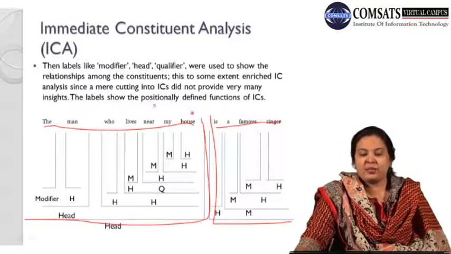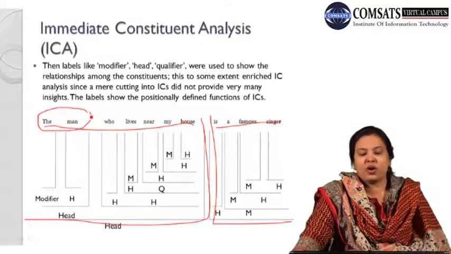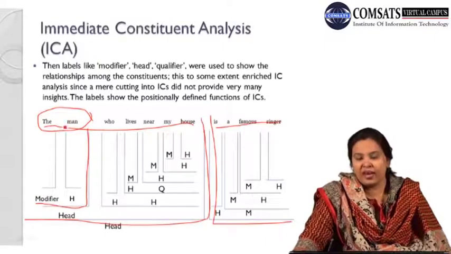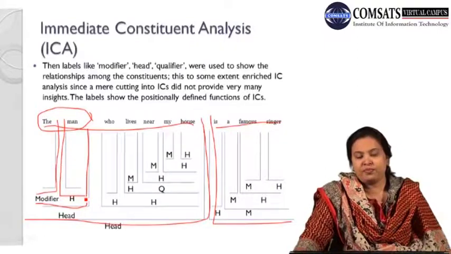Now inside this subject, so many levels of information are there. For example, "the man" is one head. So this head is at the second level, and because in "the man" there are two things, we have the modifier "the" and "man" as head.